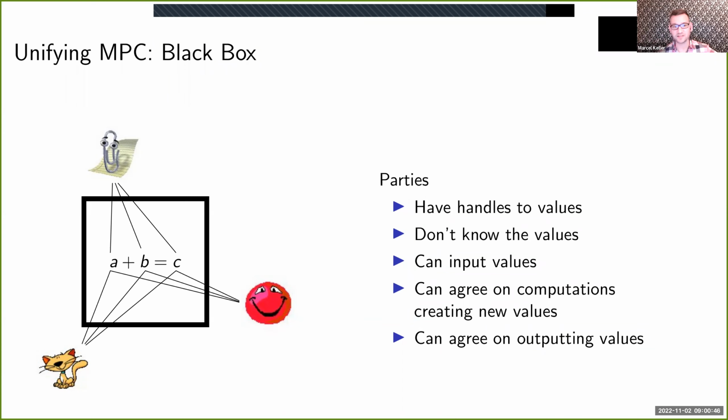And that essentially means all the values are inside this black box that the parties cannot look inside, but they know that the values are there. And they get a handle to these values, and then they can instruct the black box to add some values or to multiply some values and so on. Of course, there is an input facility for the secret values from individual parties, and there's also output facilities if the parties agree, or enough parties agree, that the value should come out of the black box, then the black box will release this value.